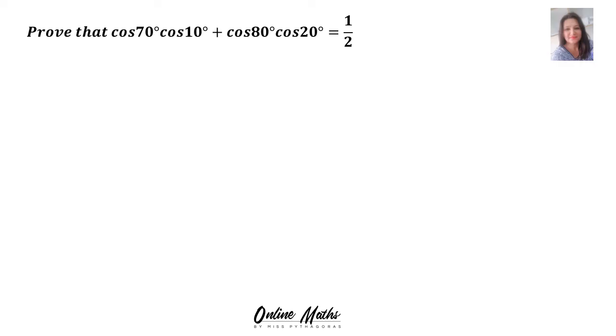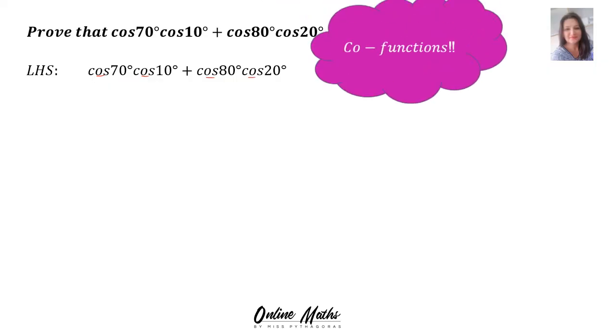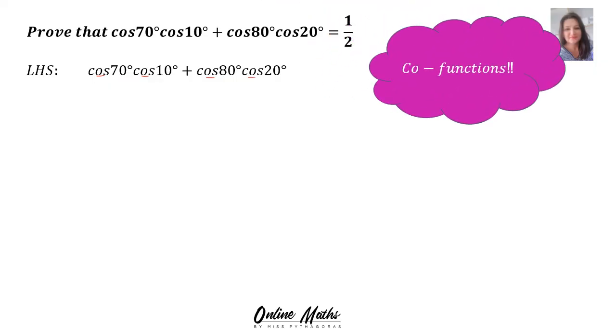We need to prove that cos 70 cos 10 plus cos 80 cos 20 is equal to a half. Again, when we prove, we split our sum into left hand side, right hand side. Now the first thing we do is we check the pattern. Cos, cos, and then we find cos, cos again. We were expecting sin, sin there to use the compound angle.